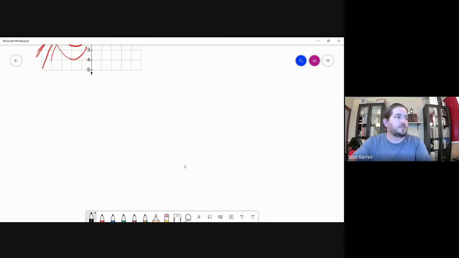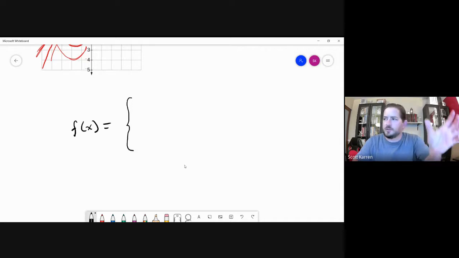Let's say I have a function, and to do a piecewise, you're going to throw a huge bracket and then just define each part of the piece with some function. So I might have, say, x plus 1, and then I have to have the interval on which this is valid. Sometimes you'll see if, or on, or for, whatever the case may be.